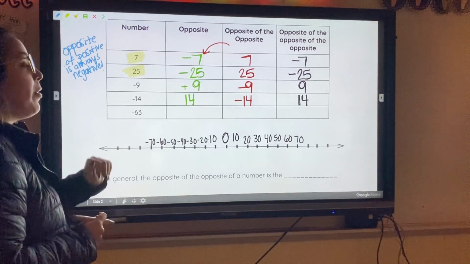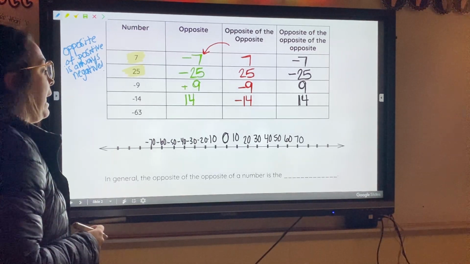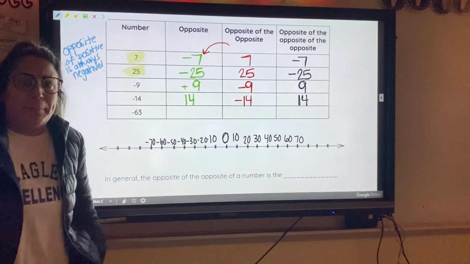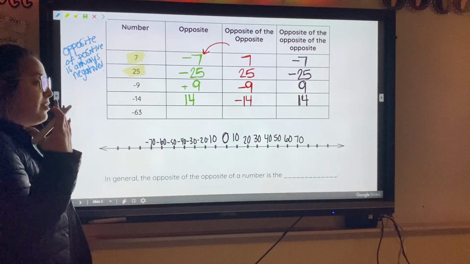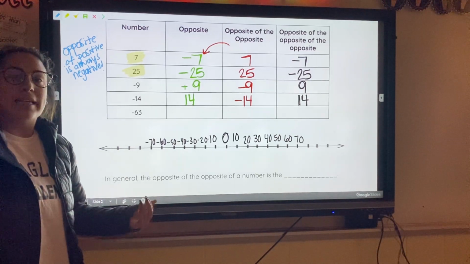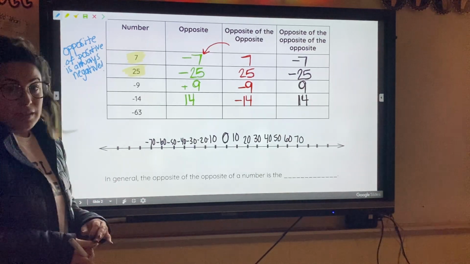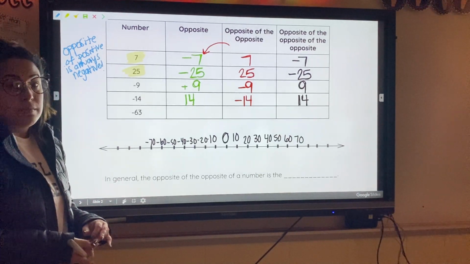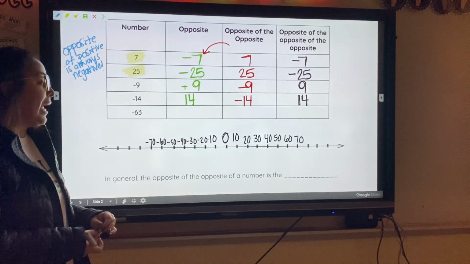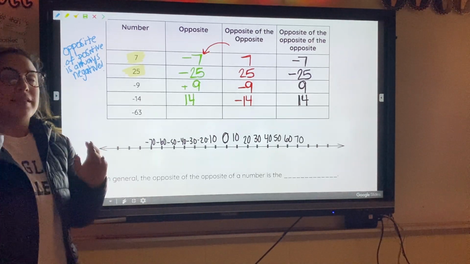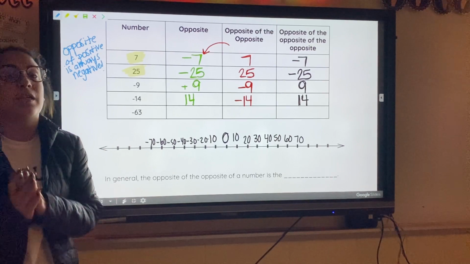So I want to plot negative 63. Now this is going to be a little tricky because I don't have a tick on my number line that says negative 63. So I'm going to have to put a tick mark, I'm going to plot it in between 2 tick marks.